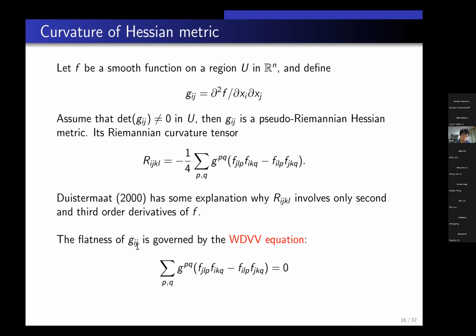In other words, g is flat if and only if it satisfies this WDVV equation. In this bracket, we only interchange the indices i and j, keeping all other indices. When I do the summation over p and q, I get 0, and this is called the WDVV equation. It was discovered by four physicists working in string theory.